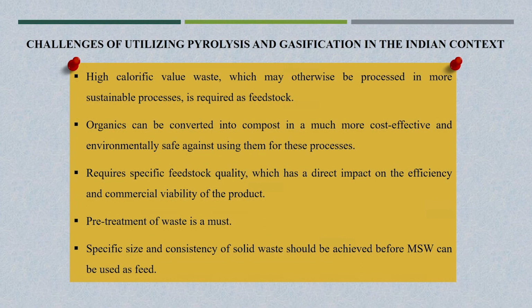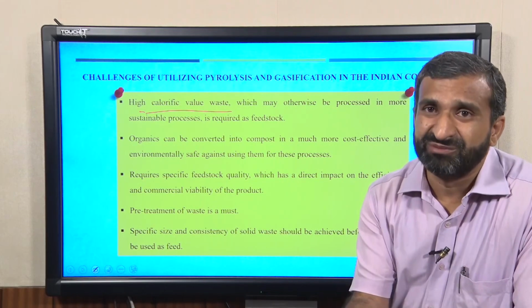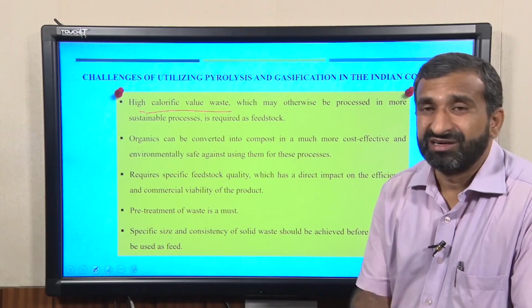So, we first need to understand that we need high calorific value waste, only then is it possible to run the pyrolysis and gasification process. Organics can be converted into compost in a much more cost effective and environmentally safe way than using them for this process. Here, any organics can be utilized for pyrolysis and gasification, so your wet waste could also be utilized.